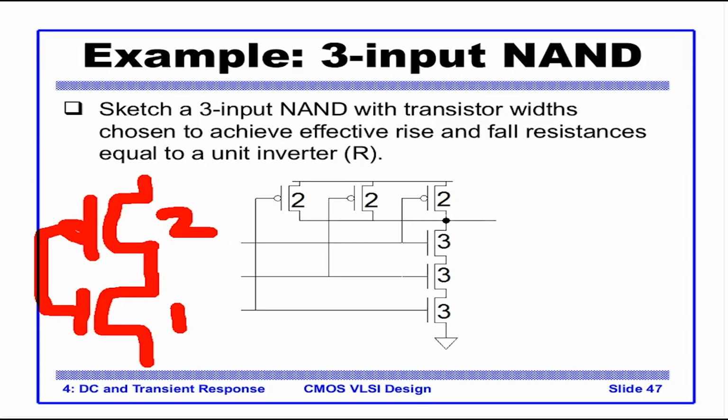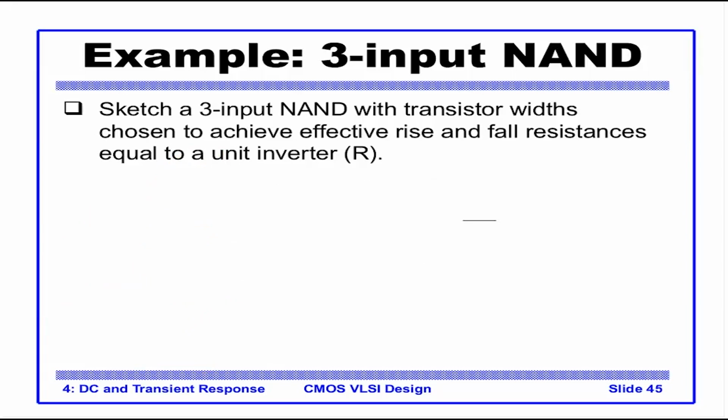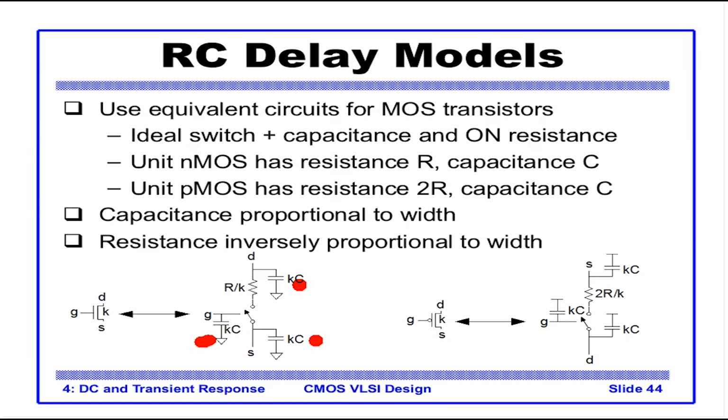If you remember, the unit NMOS here will have a resistance of R. The unit PMOS here will also have a resistance of R. Why? Because the width is 2. If the width is 1, the resistance will be 2R; if it is 2, the resistance will be R. Going back to the previous slide, a width of 1 gives the NMOS a resistance of R by 2, and the corresponding PMOS will have 2R.